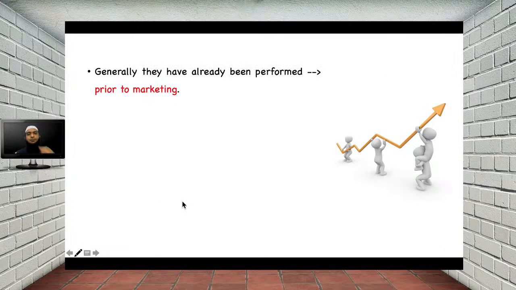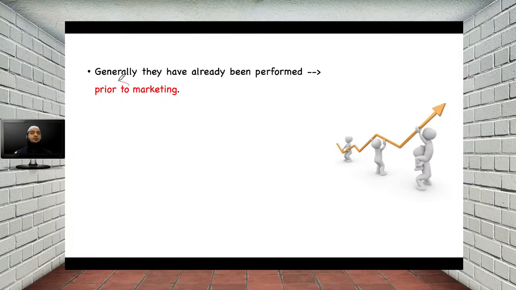Now let's see how we are doing randomized clinical trials. Although we are doing it as one of the pharmacoepidemiological studies, do remember that randomized clinical trials are generally already performed prior to marketing.